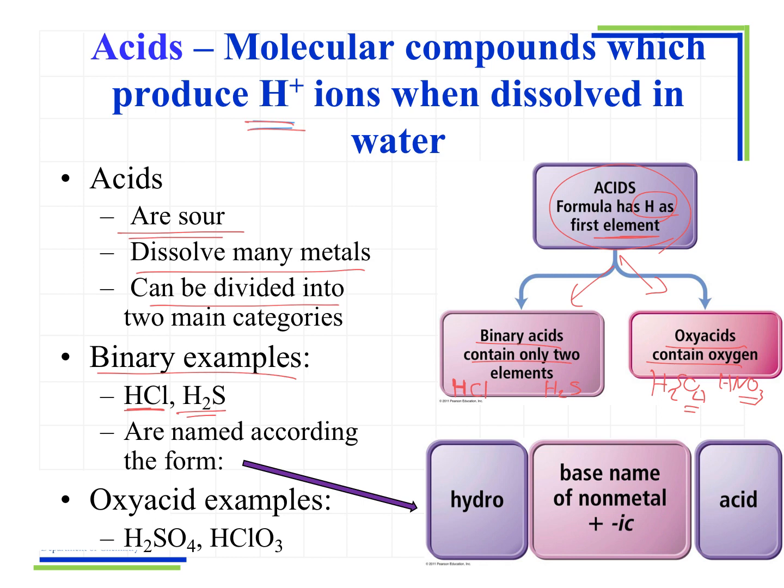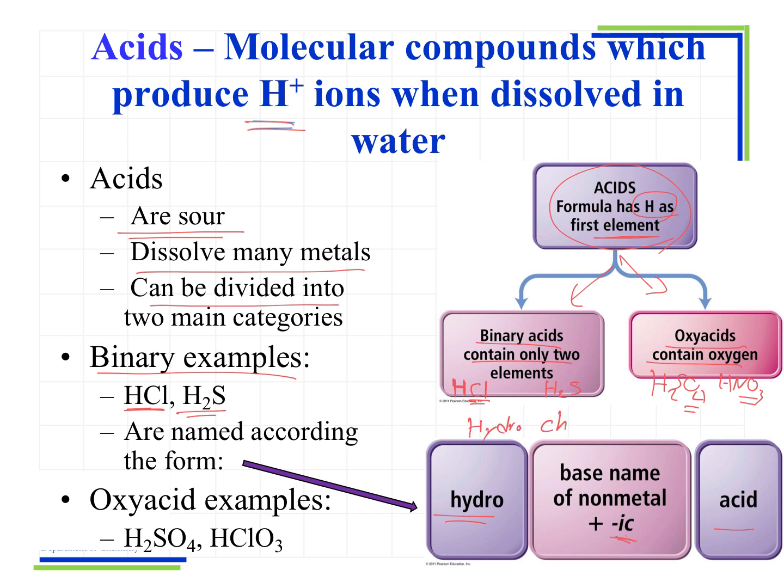For naming the binary acid, how do we name it? So we add the name hydro in the beginning, and then the base name of the nonmetal. So the nonmetal, for example, for our HCl is chlorine. We add IC to it, and then we say acid. For example, for HCl, we say hydrochloric acid. Okay, let me write it.